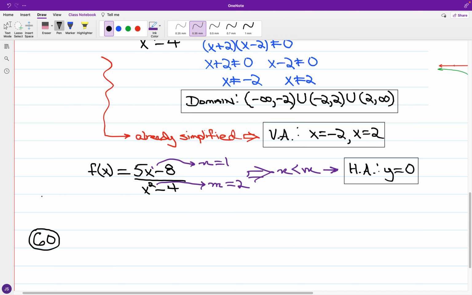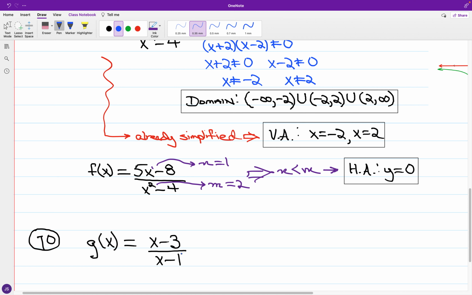Now for the next item, we have not 60 but number 70. And this time we have our function y is equal to g of x, and that is equal to x minus 3 all over x minus 1.